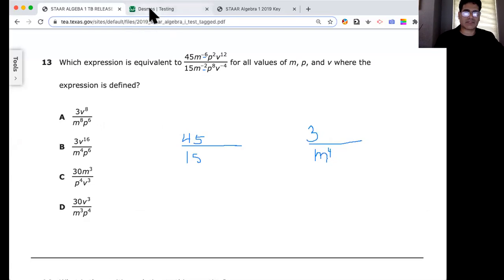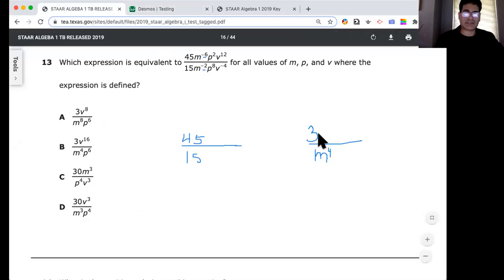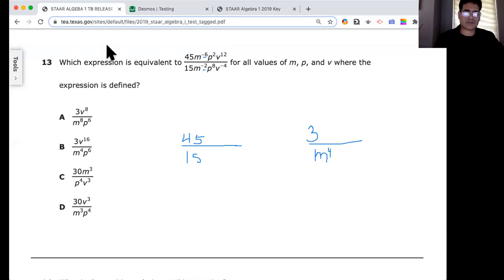All right. So we have our P's, mind your P's and M's. P at the bottom, and it's -6. So we show that it's a -6 by keeping that exponent on the bottom of the fraction.